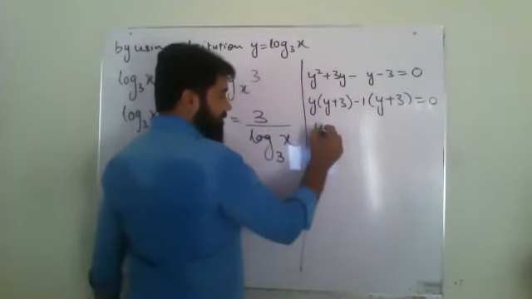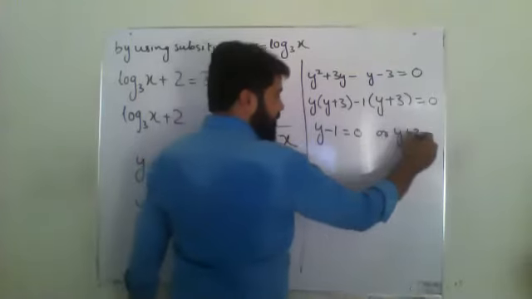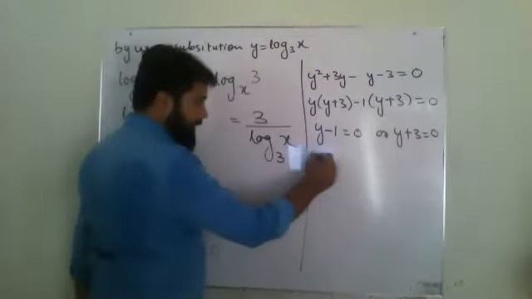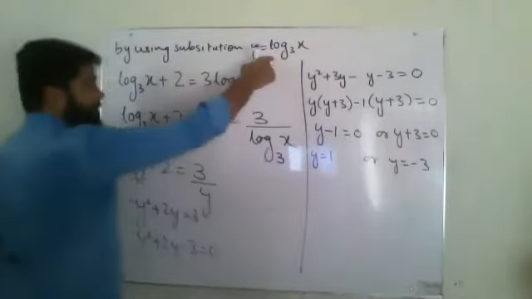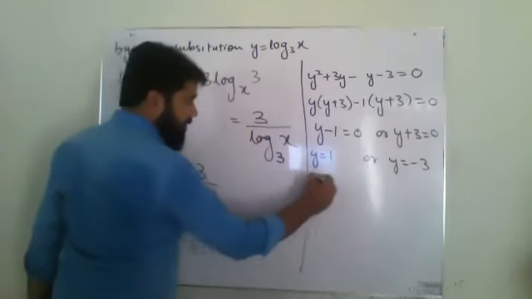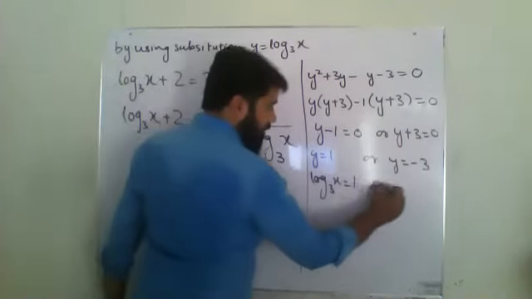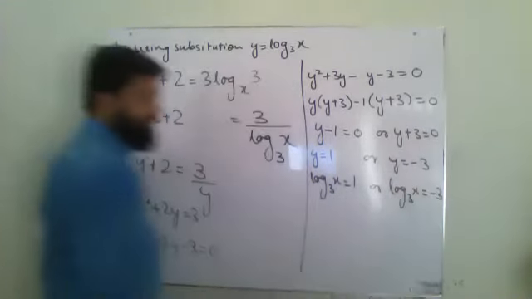Y minus 1 is equals to 0 or y plus 3 equals to 0. Okay? Y equals to 1 or y equals to minus 3. Putting it over here, log 3x equals to 1 or log 3x equals to minus 3.